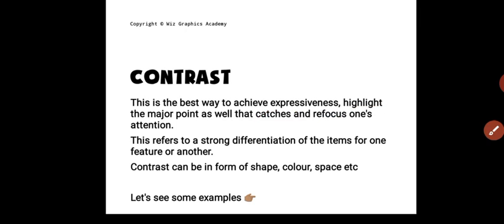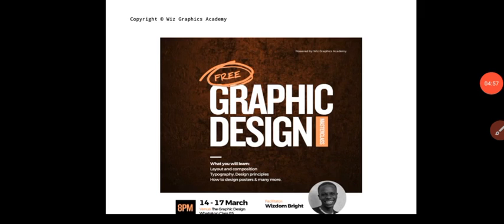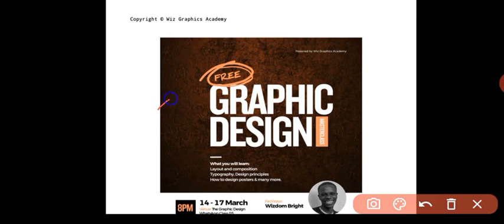All right, so I'm going to show you an example here. Now observe this design closely. What is the contrast there? You see this number one, then this number two, and the time, the venue, the facilitator. So these are the contrasts on this design.